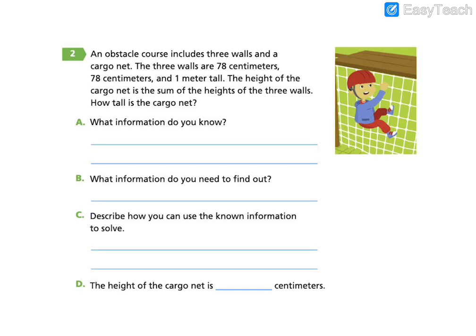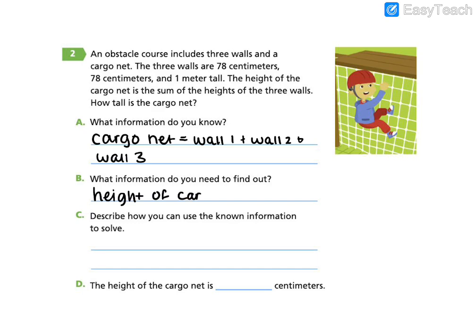So we know that the cargo net equals wall 1 plus wall 2 plus wall 3. Okay, and what information are we going to find out? The height of the cargo net.